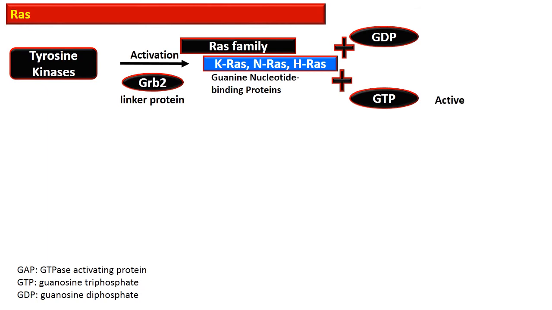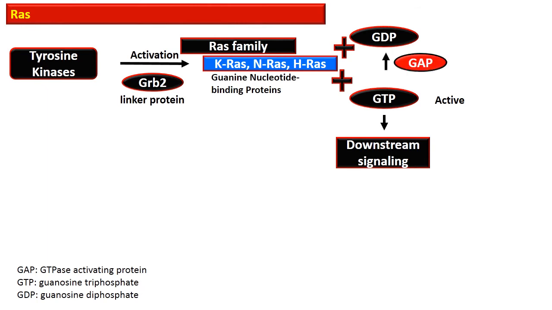When they are bound to the GTP, guanosine triphosphate, they are considered active in form, and this activation will result in downstream signaling and cellular proliferation, and it is limited by GAP, that is GTPase activating protein, and in the GDP form, guanosine diphosphate form, it is inactive. The binding with the GTP is catalyzed by GEF.